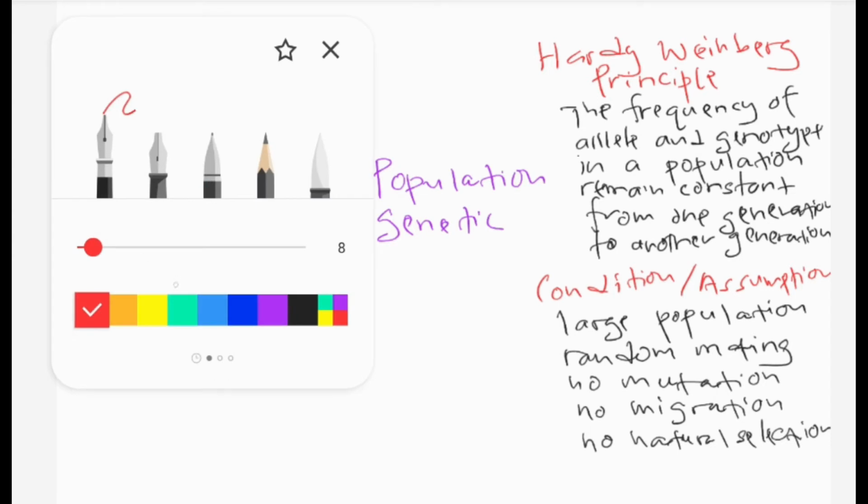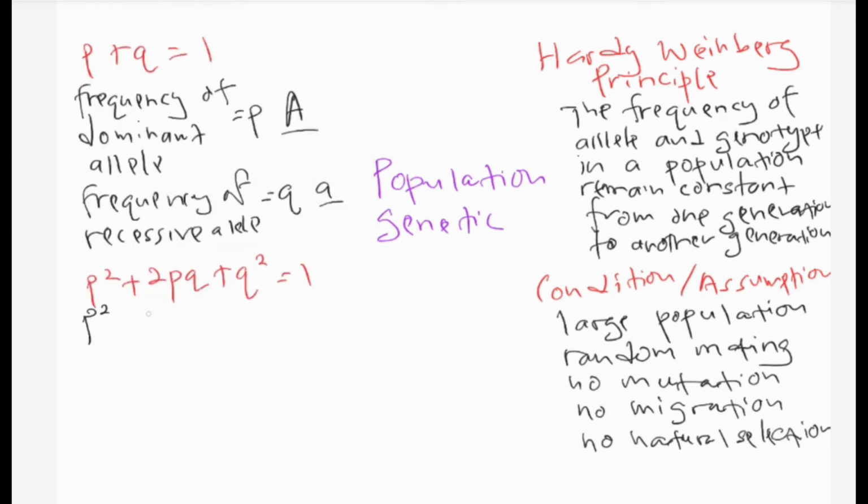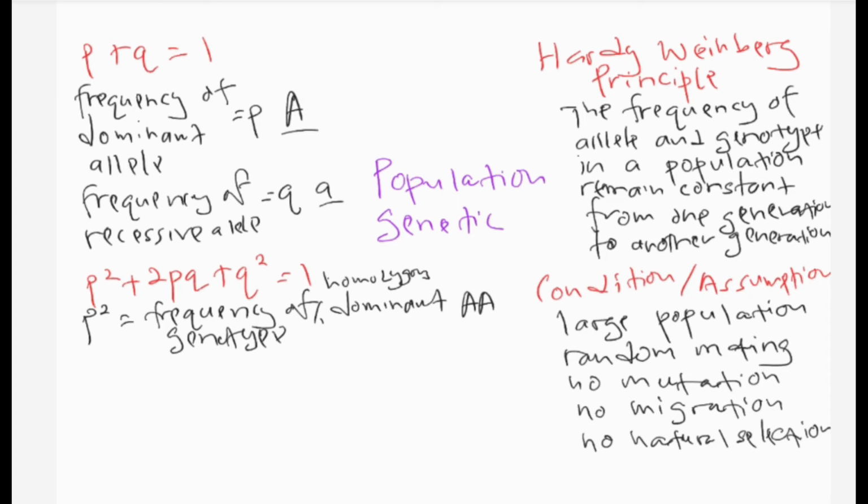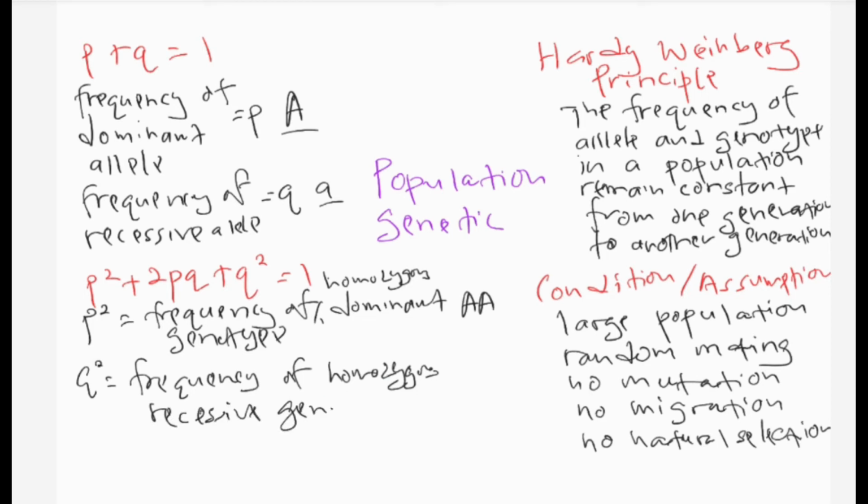P² refers to the frequency of homozygous dominant genotype, capital A capital A. Q² refers to the frequency of homozygous recessive genotype, small a small a.